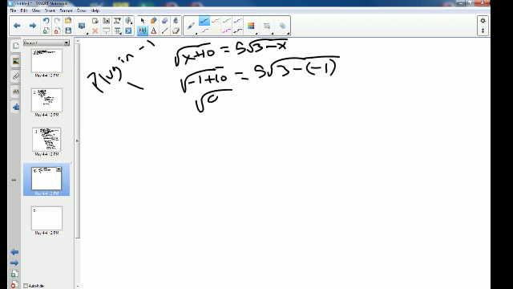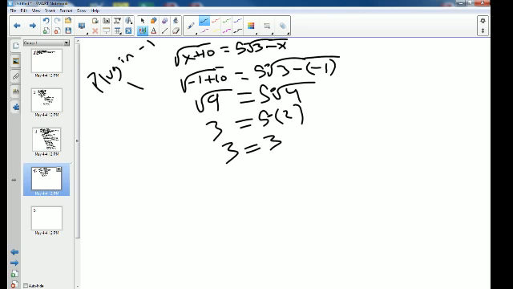So this reduces to square root of 9 equals 5 minus square root of 4. This reduces to 3. This reduces to 5 minus 2. Sorry, this was supposed to be a subtraction sign between. So 3 equals 3, and your solution is verified because both sides equal each other.